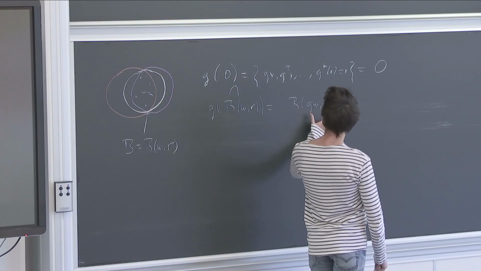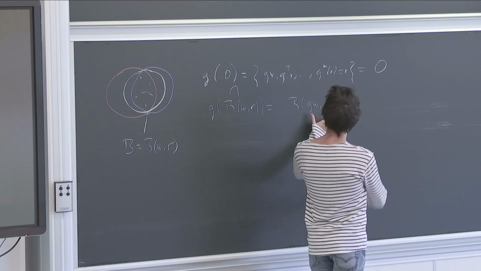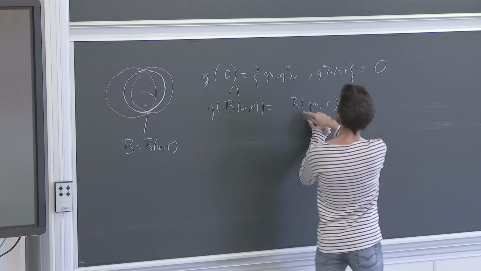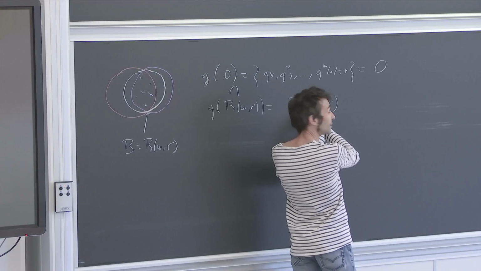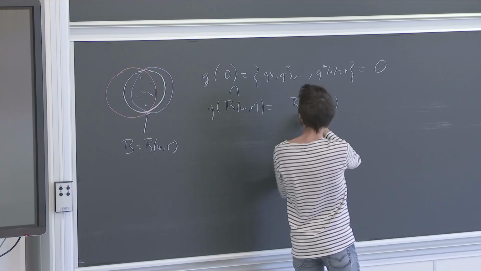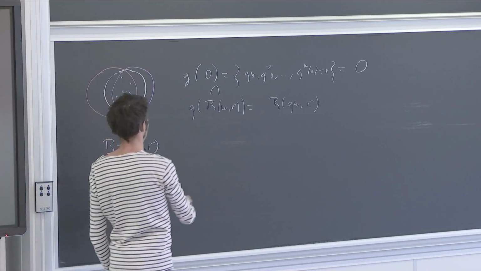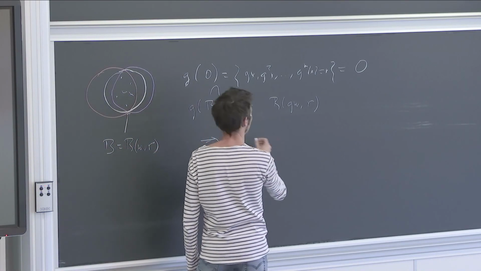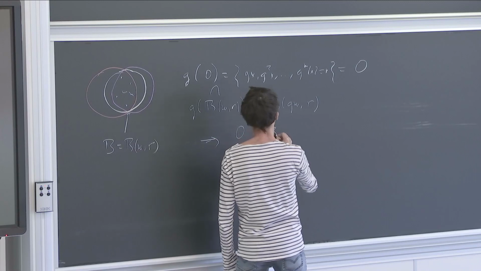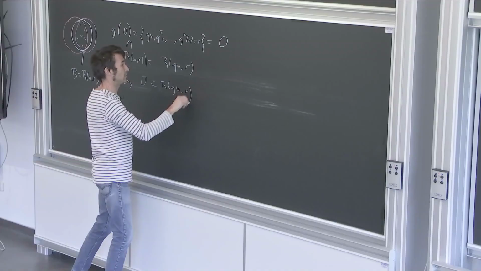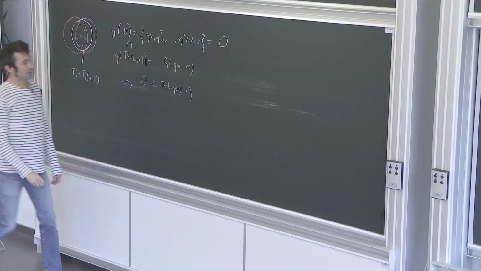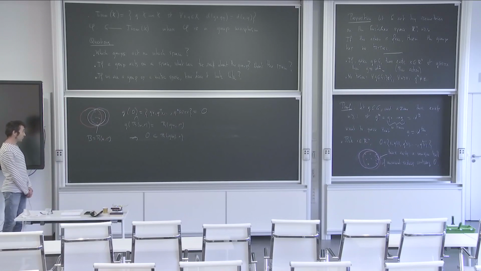And moreover, what we get is that actually O has to be included in the ball centered at the image of w. This implies that O is a subset of the ball centered at g of w of radius r.